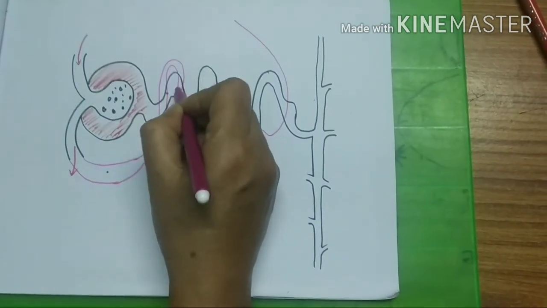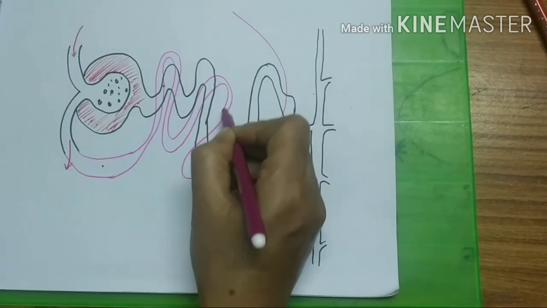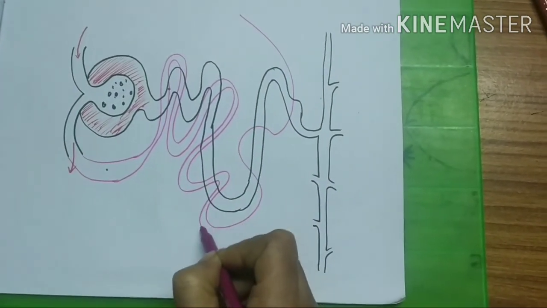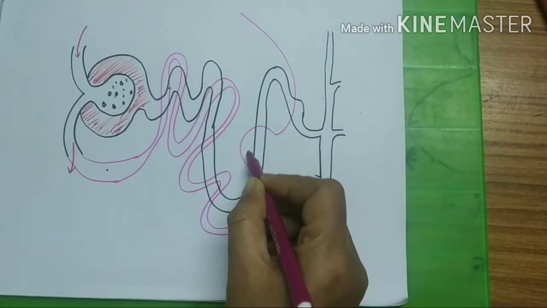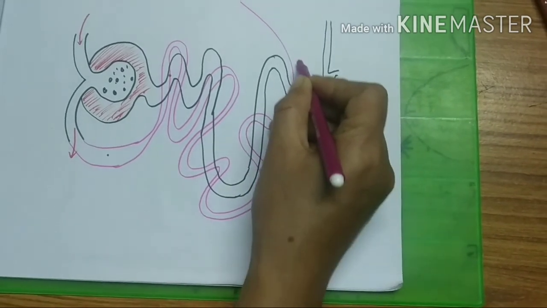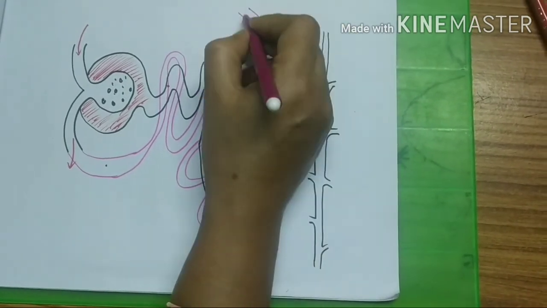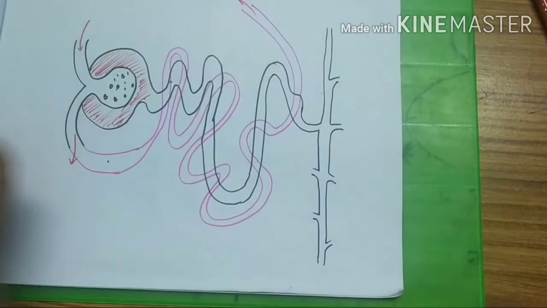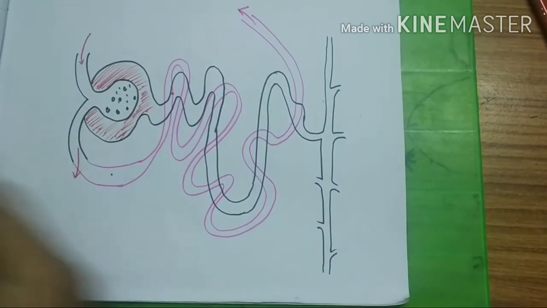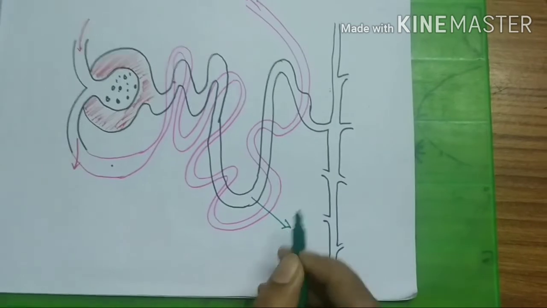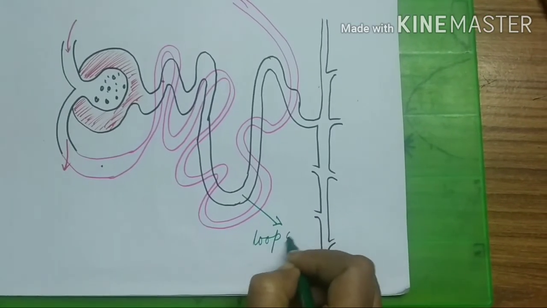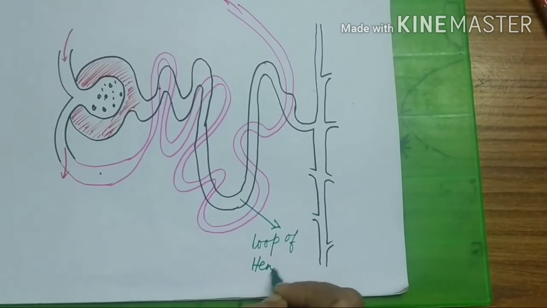So this is nothing but the blood vessel which takes back blood after cleaning towards the body. And this portion is called the loop of Henle.